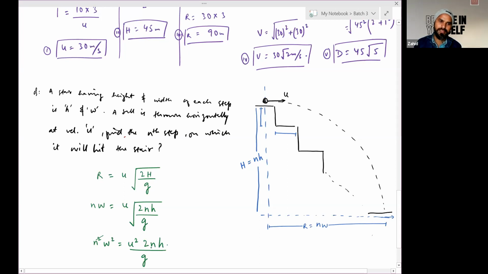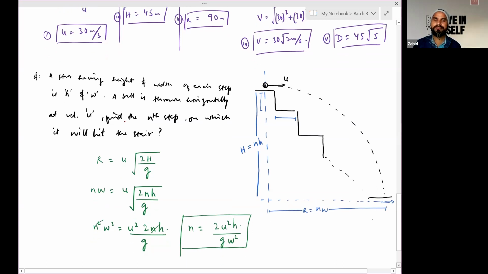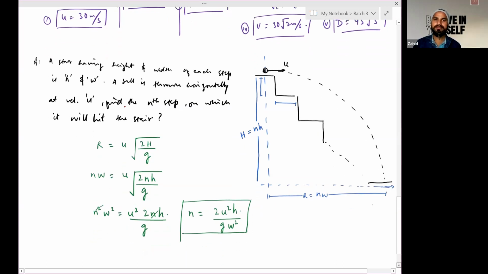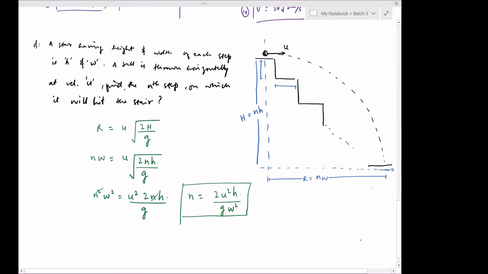This n will cancel out. So if you rearrange it, you will get n equals 2 times u square h divided by g times w square. So this will be the nth step on which the ball will hit the stair. Nabila, is it clear? Yes, sir.